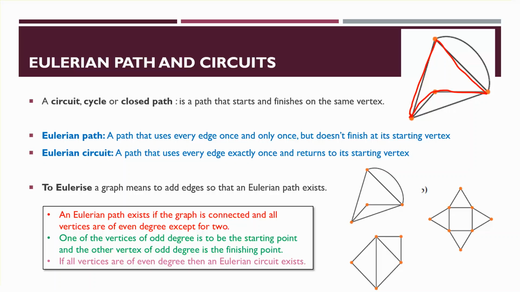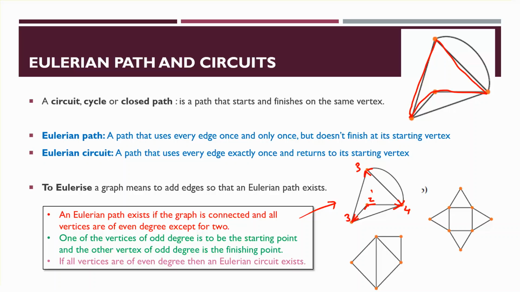The first one is that a Eulerian path exists if the graph is connected and all of the vertices are of an even degree except for two of them. Okay, except for two of them. So let's have a look at this top left one. The degree here is 3, here is 4, here is 2, and here is 3. So yes, a Eulerian path probably exists here. Remembering that the Eulerian path uses every edge once and only once, but doesn't finish at its starting vertex.